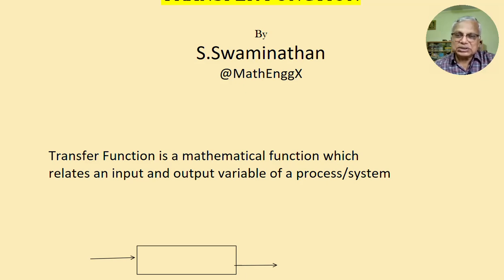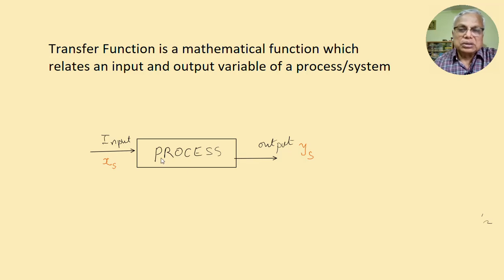So let us consider a process, with one input variable and one output variable. At steady state, the value of the input variable is xs and the value of the output variable is ys. In other words, this process has been designed with an input value xs and an output value ys.